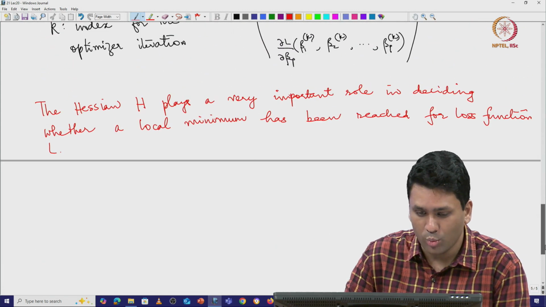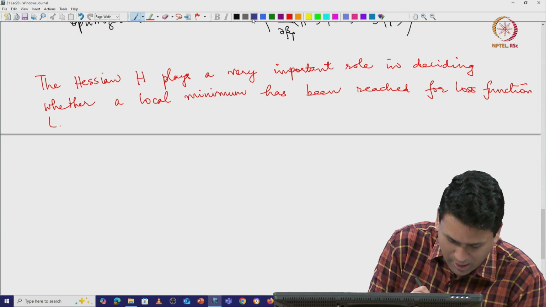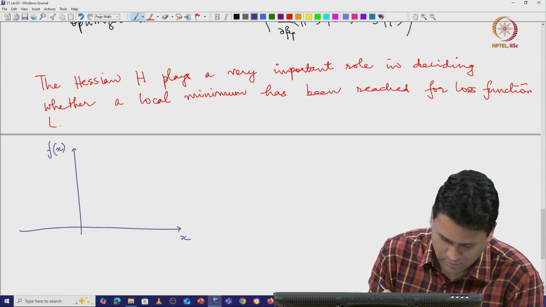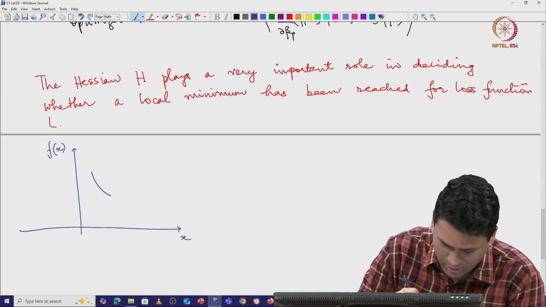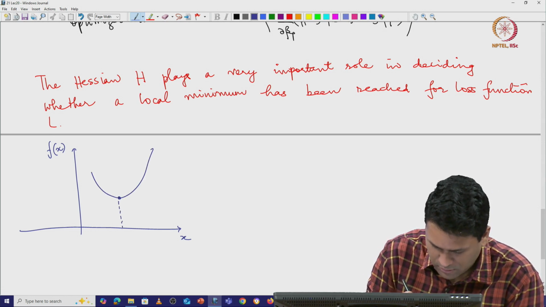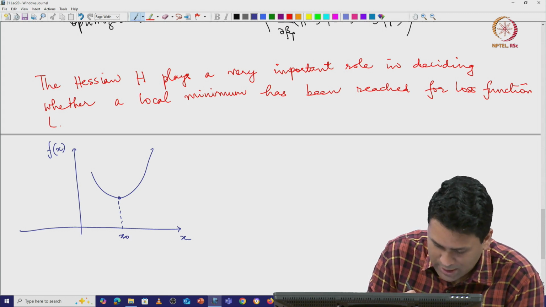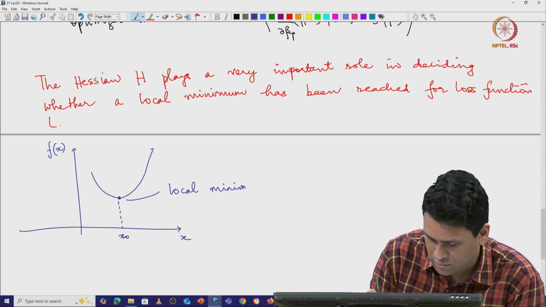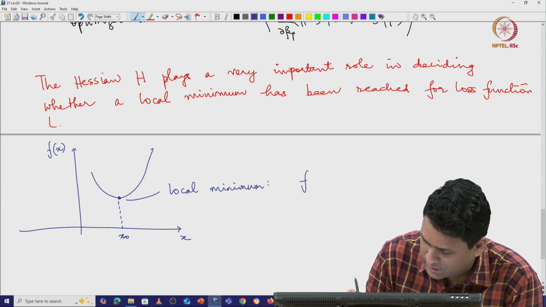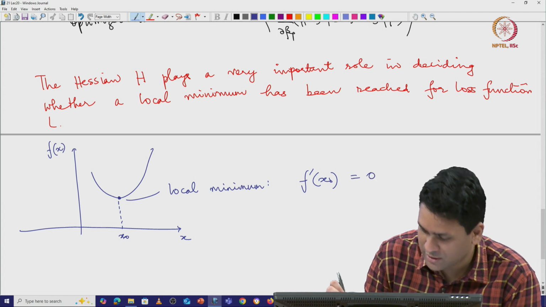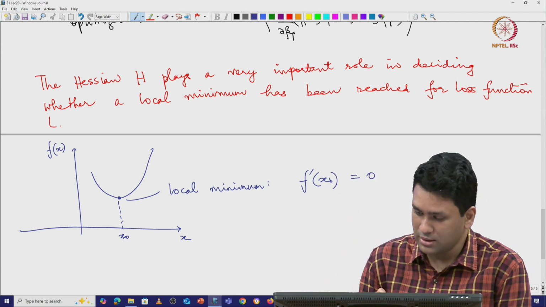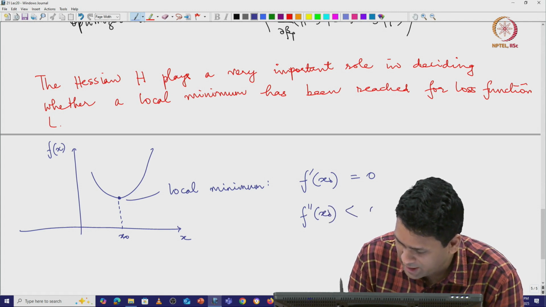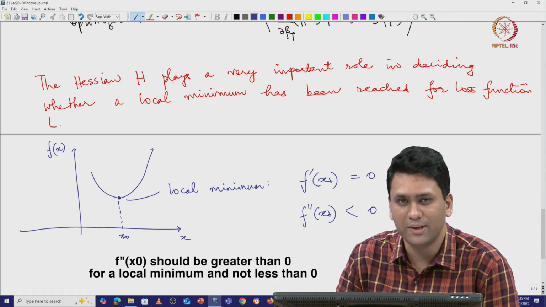If you had a one dimensional function, and I will plot f of x as a function of x, and let us say you had a local minimum at some point x naught here, you know that at this local minimum the derivative f dash of x naught is equal to 0, and the second order derivative f double dash x naught should be less than 0.